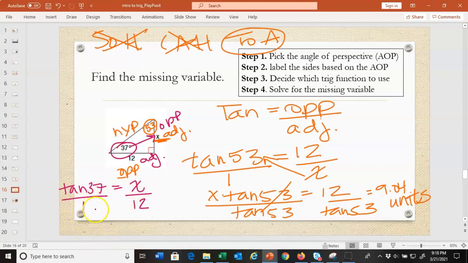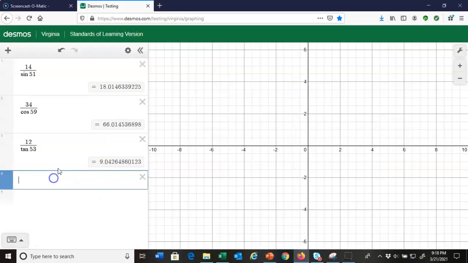Now this one is just a different ratio, so we can do the same thing though. 12 times tangent of 37 equals x. Because x is on top here, we don't have to end up dividing, but you solve it the same way. So let's see what 12 times tangent of 37 is.